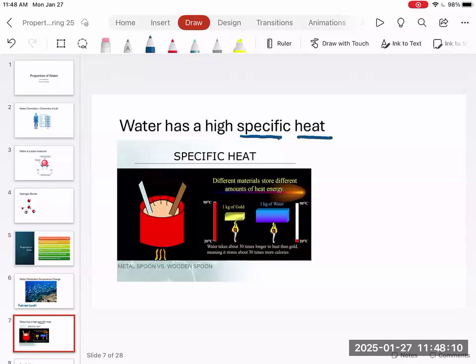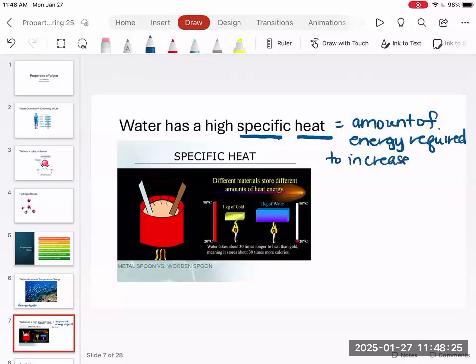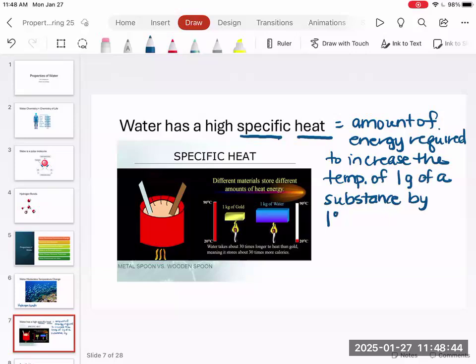The specific heat of something is the amount of energy required to increase the temperature, and I'm just going to abbreviate that as temp. Amount of energy required to increase the temperature of 1 gram of a substance by 1 degree Celsius. So that's a pretty specific definition.